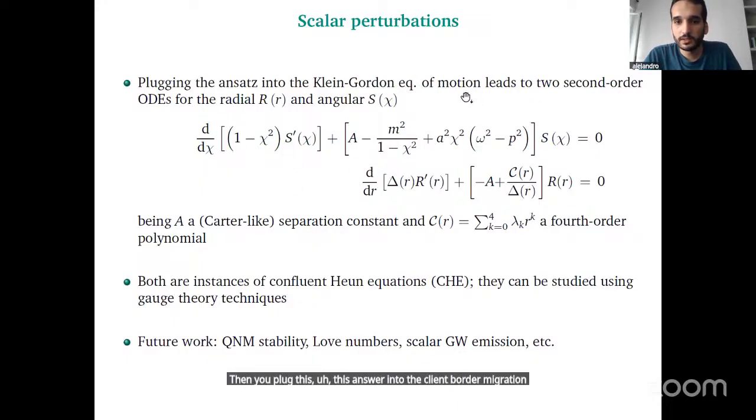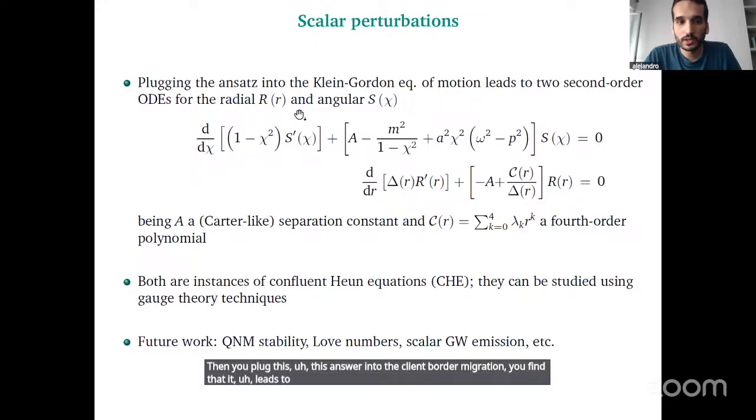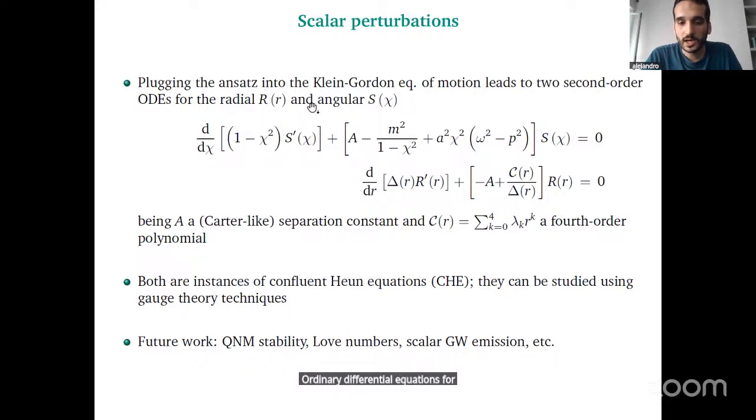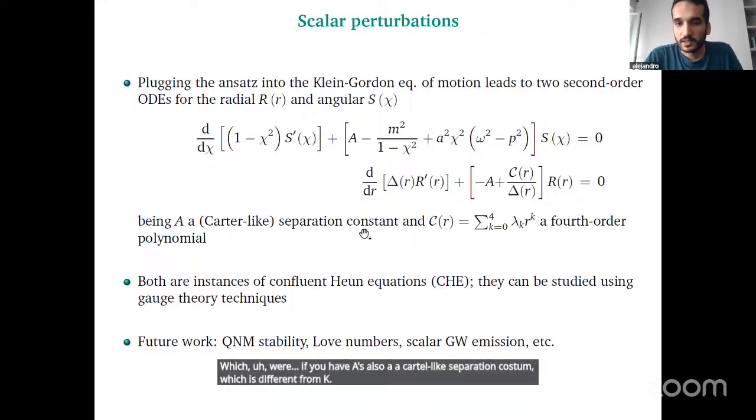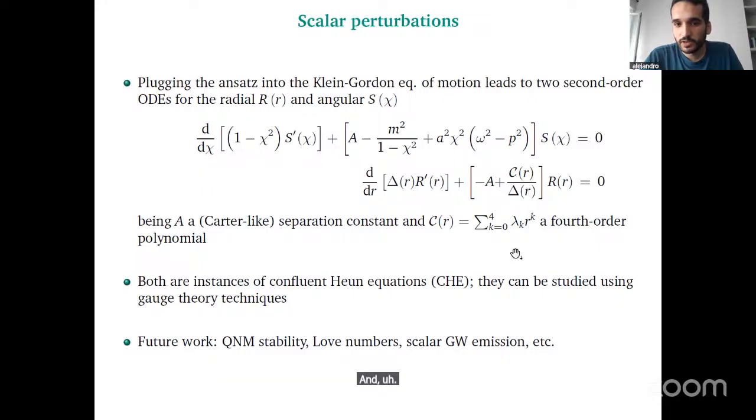You find that it leads to two second order ordinary differential equations for the functions R and S, where A is also a Carter-like separation constant, which is different from K, and this is just some functions of the radial coordinate.